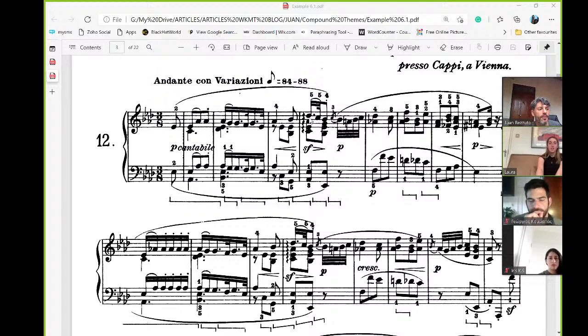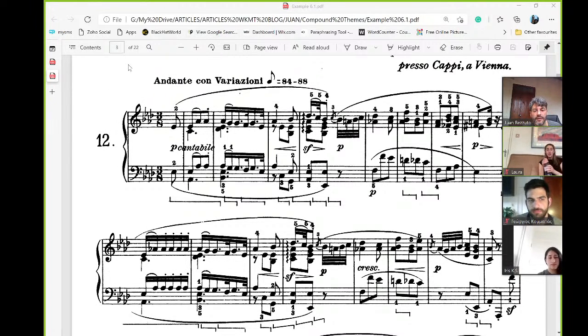Exactly. And if it goes tonic, dominant, what is it in terms of a cadence? It's a half cadence. Yes, precisely.